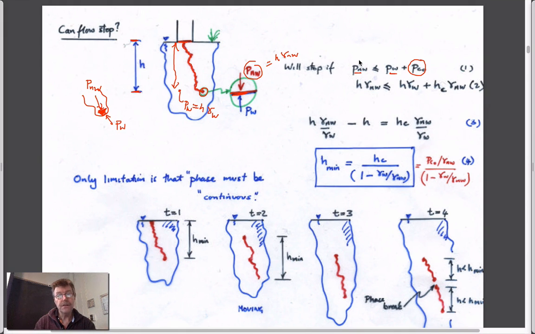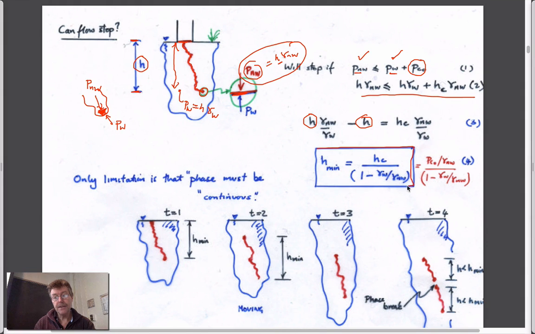And so if we convert each of these into something that involves a height, then we can rewrite this expression out like this. And if we rearrange it in terms of the actual height here that we have in each of these two components, we end up with this expression here.